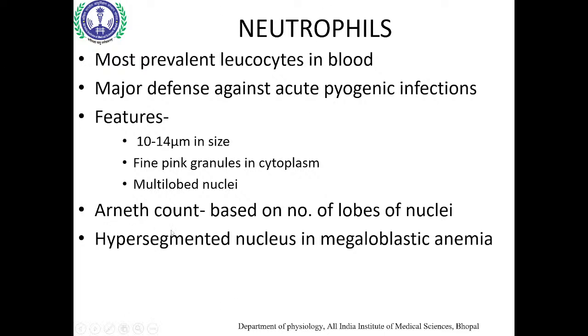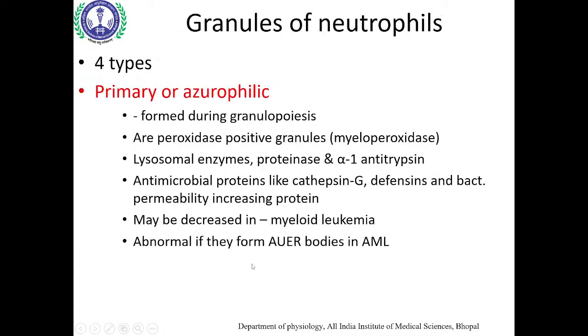And this I have already told you, that the Arneth count is based on the number of lobes of the nuclei, and what is the cause for hypersegmentation in megaloblastic anemia. Now there are different types of granules in neutrophils, and these granules contain specific contents which are important for the defense mechanism taken care of by the neutrophils, right?